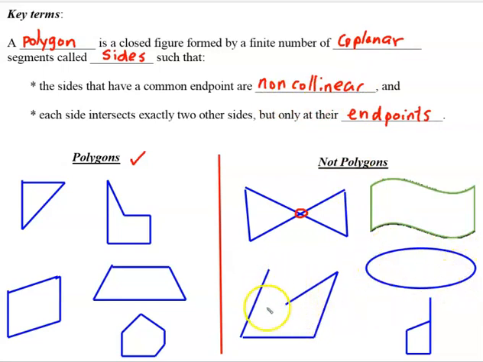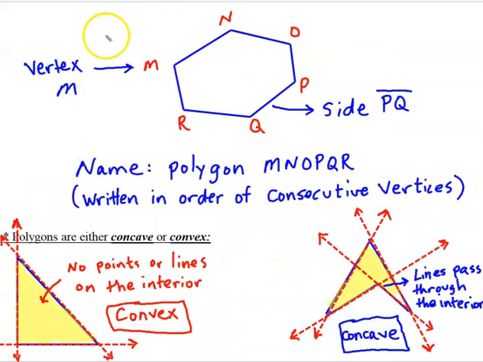This is not a closed figure like we said in our first statement. This is still left open. And then again, we have the intersection of a line segment with another line segment, but it's not at the end point of each, so that violates this second statement. Just wanted you to get a picture of what a polygon is, and then a picture of several examples of what it is not.